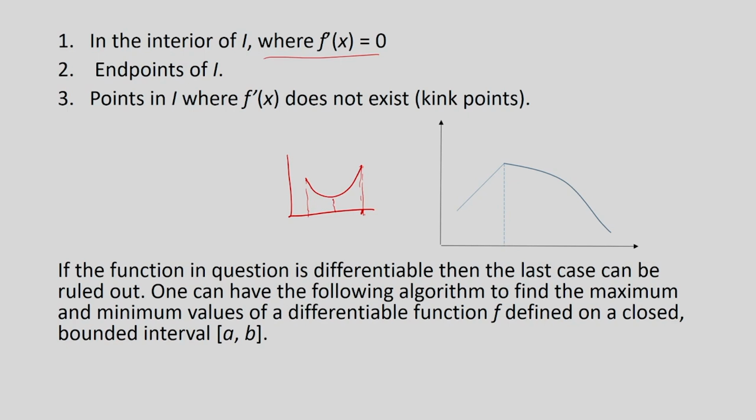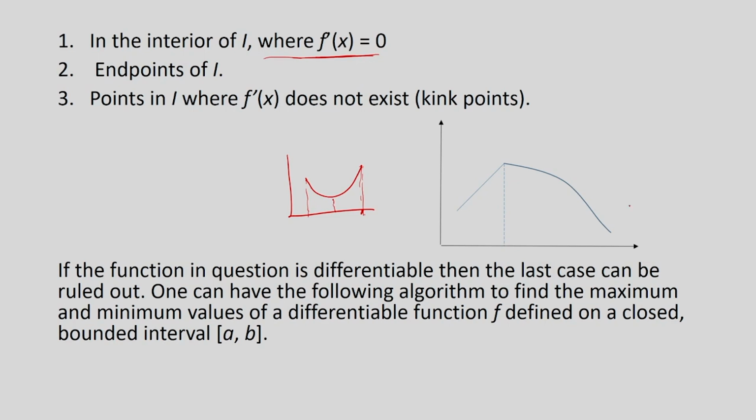The third possibility is that there are points in I where f dash x does not exist, right. So, this condition f dash x is equal to 0 is not satisfied, because f dash x simply does not exist, but these points could be extreme points.